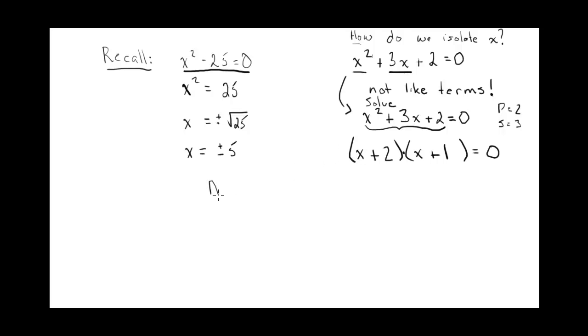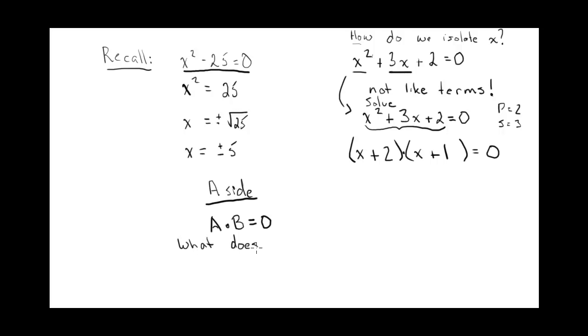Just as an aside, there's a principle that we're going to have to use here. Let's say I had two numbers, a times b is equal to 0. Well, what does that tell me about a or b?